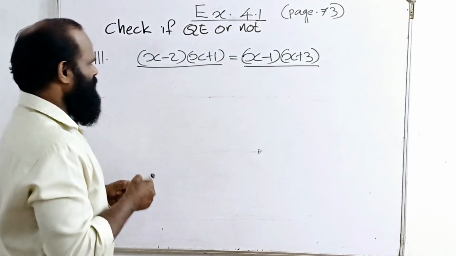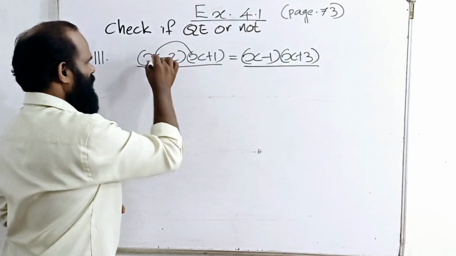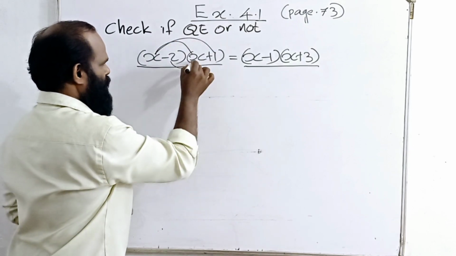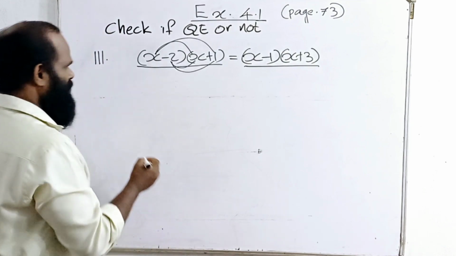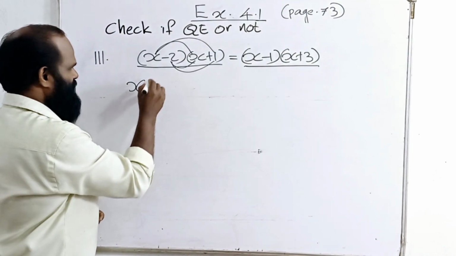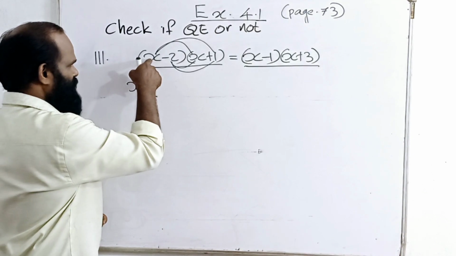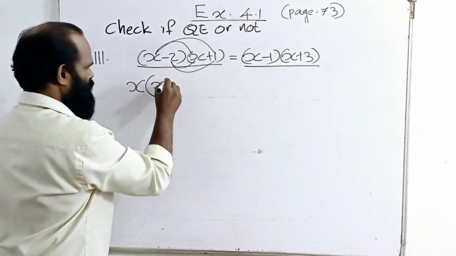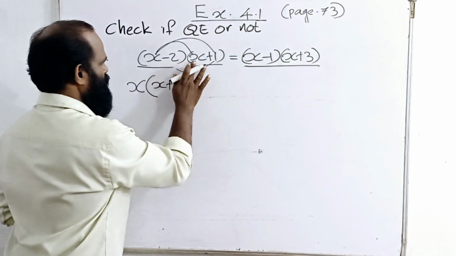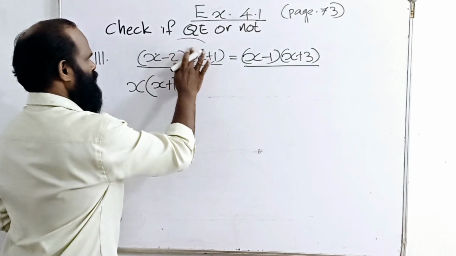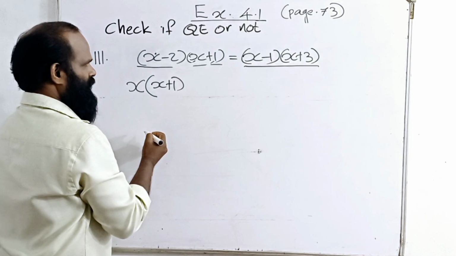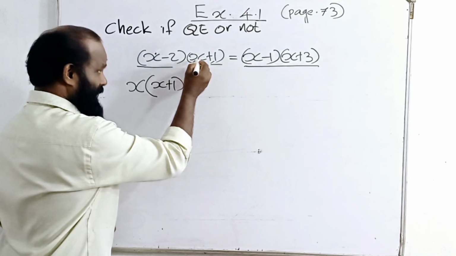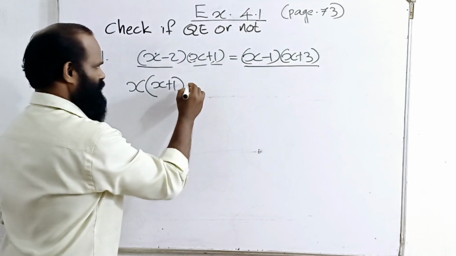It can be done x into x and x into 1, negative 2 into x, negative 2 into 1. Or else you may write it this way, x into x plus 1, and with the same x plus 1 should be multiplied to negative 2.